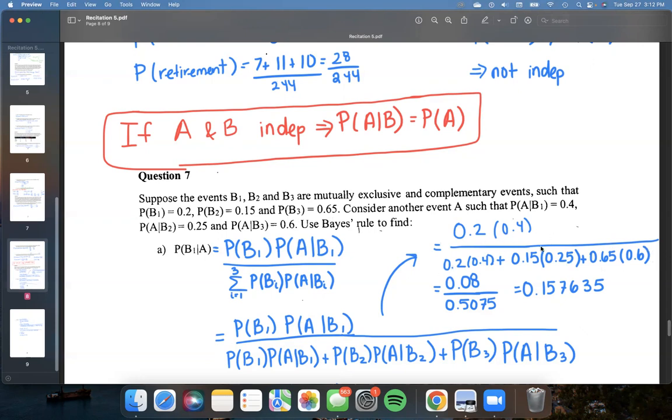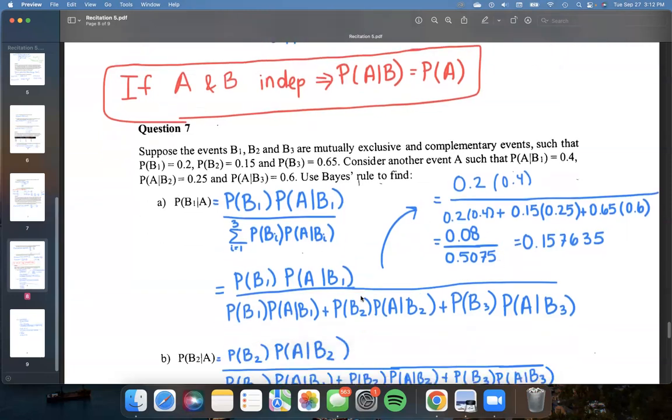When you put this in your calculator, you should get 0.08 divided by 0.5075, which is 0.157635. So we just used Bayes rule to find that.